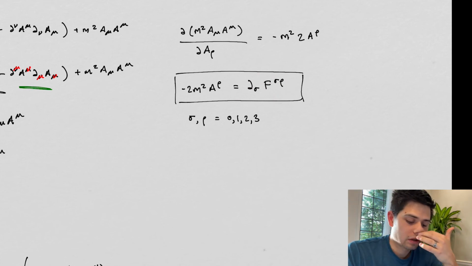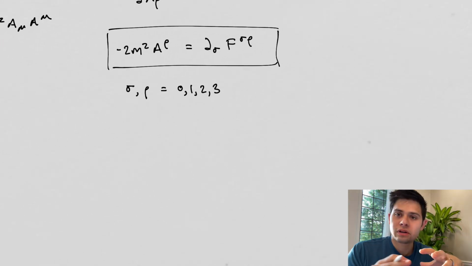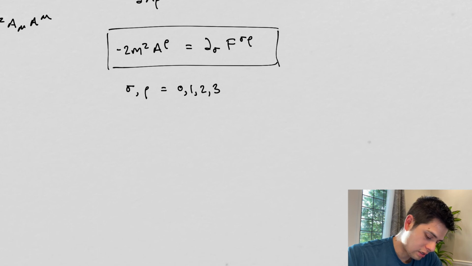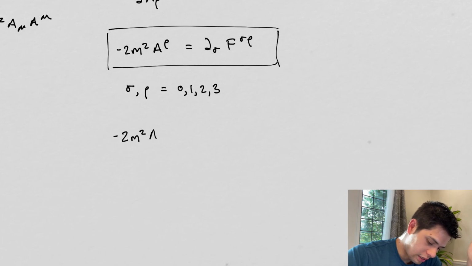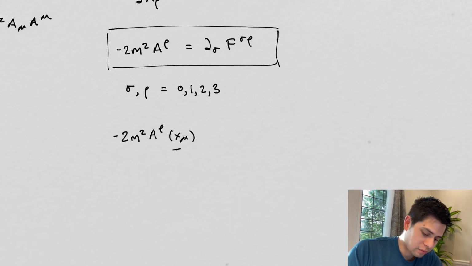So I will draw this a little more explicitly, because what you don't see in the quantum field theory books is what's hidden behind all of this. 2m squared a rho is this. This here is suppressed.